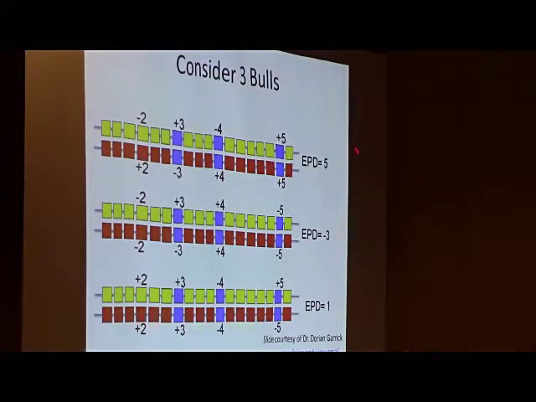So if you consider this bull on the top line, if we were able to actually look at his genetic makeup, you would add all these numbers up and divide by 2, as Wade and Lauren helped us understand why that's important. And that's the EPD that you come up with.